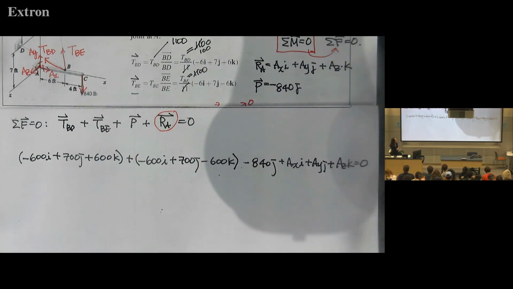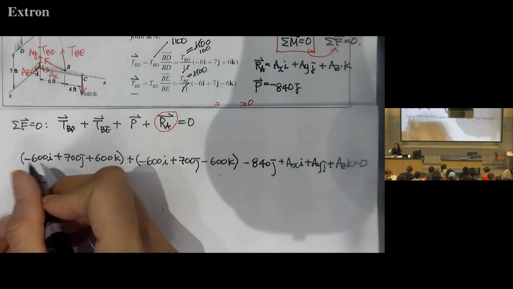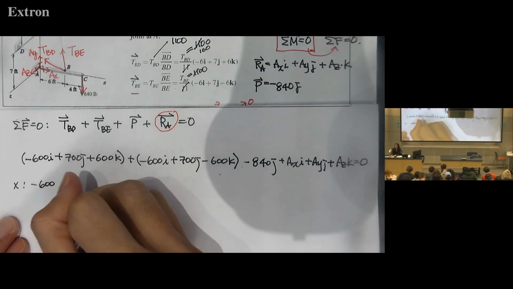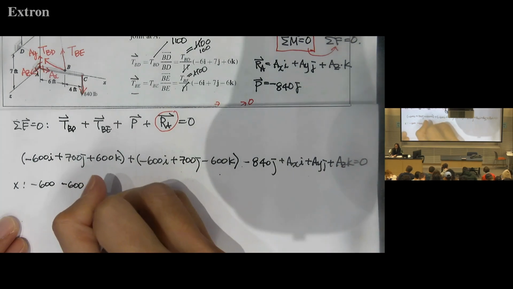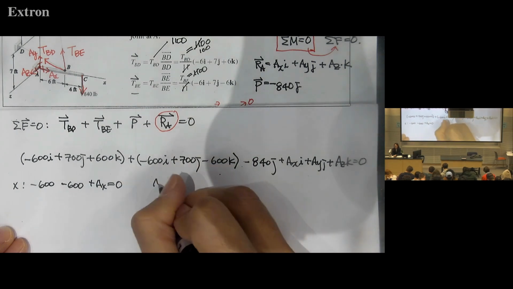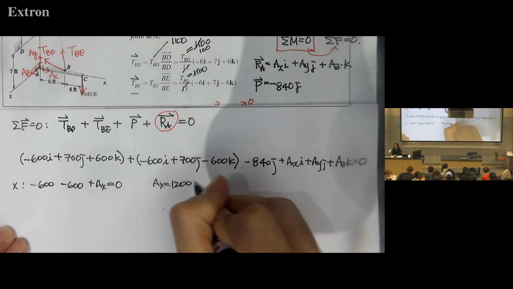So if you see this, you can easily find AX, AY, AZ, right? So the x, y, z components. Or you can look at the i components, minus 600, minus 600 at AX. So it should be 1200, something like that. So I write it here. So x component, minus 600, minus 600, plus AX. So AX is 1200.